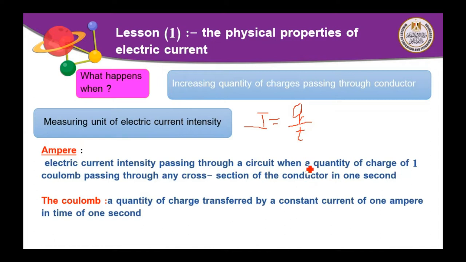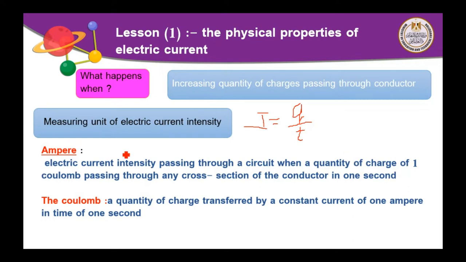Again, ampere can be defined by electric current intensity passing through the circuit or the cross-section area when the time equal 1 second.